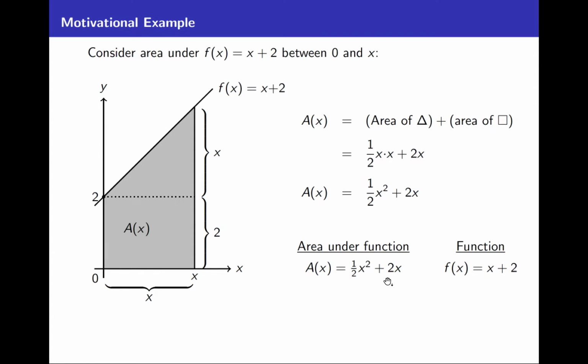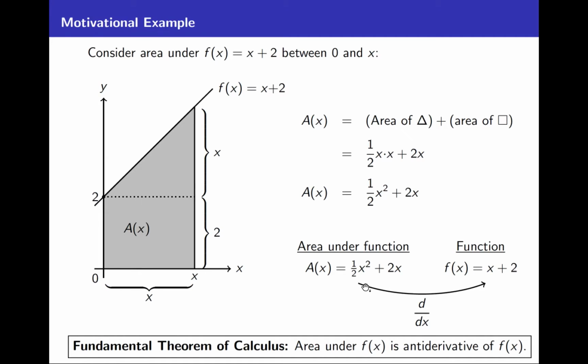Now, you may already see it, but there's a really interesting connection between this function little f of x and this area function A of x. Notice that if you differentiate A of x equals 1/2 x squared plus 2x, you get x plus 2. If you differentiate the area under the function, you get the function itself.